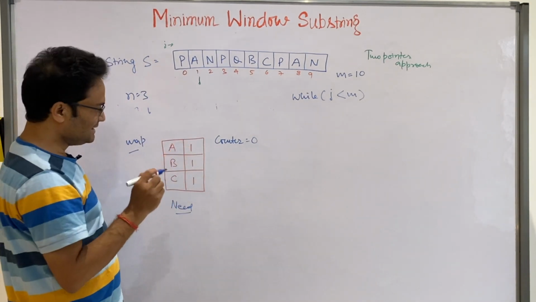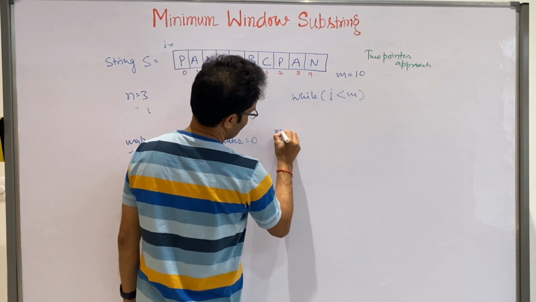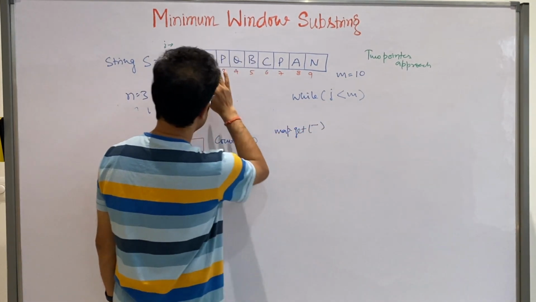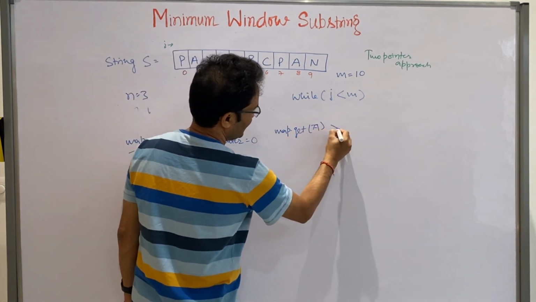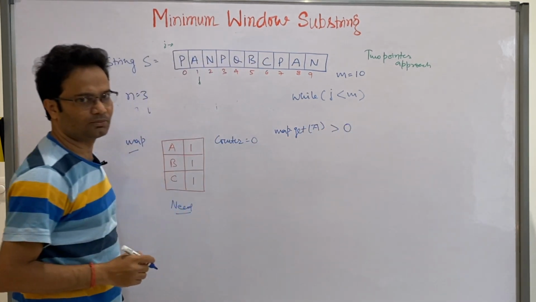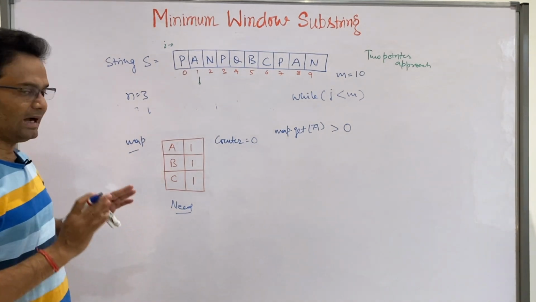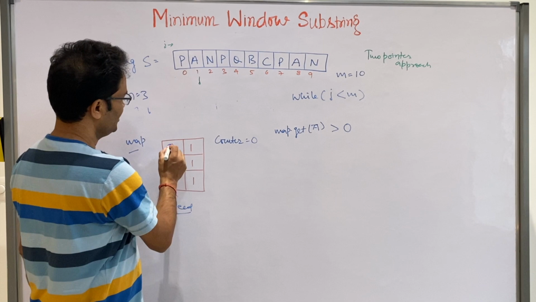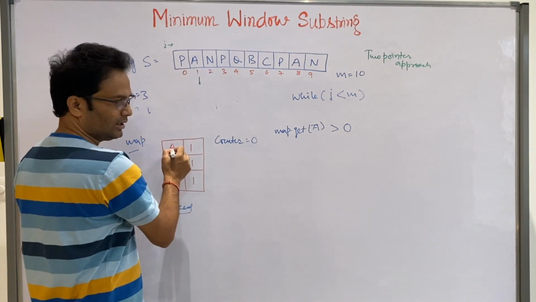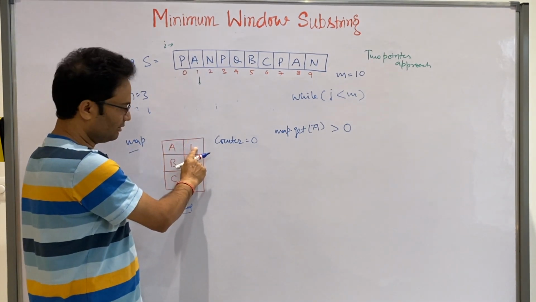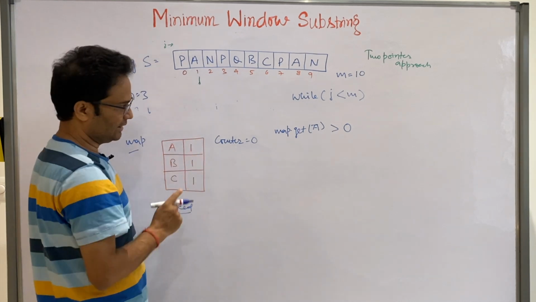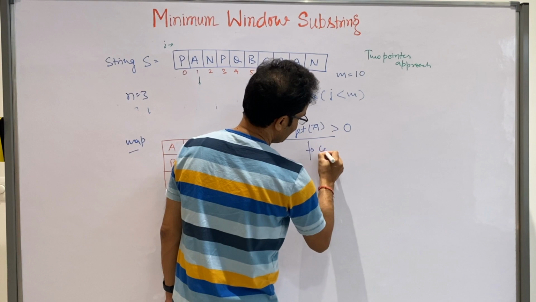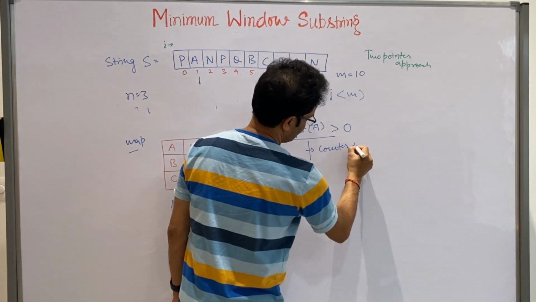So if this value, this map get, what are the value we are looking in the case of here A, if greater than 0, greater than 0 means I need that number. If that is the case, means we find out the A, and also I need number 1, means I need the A. In that case, you have to increment the counter plus plus.